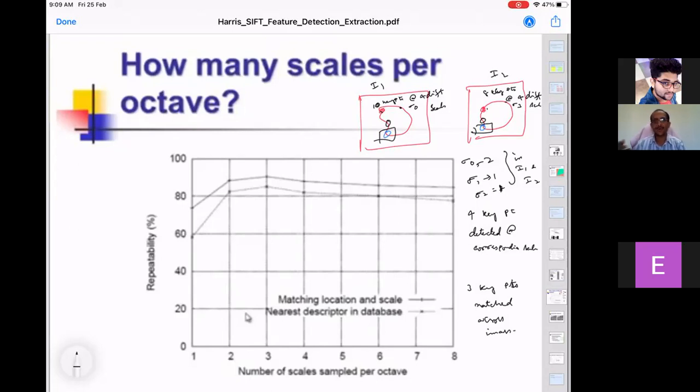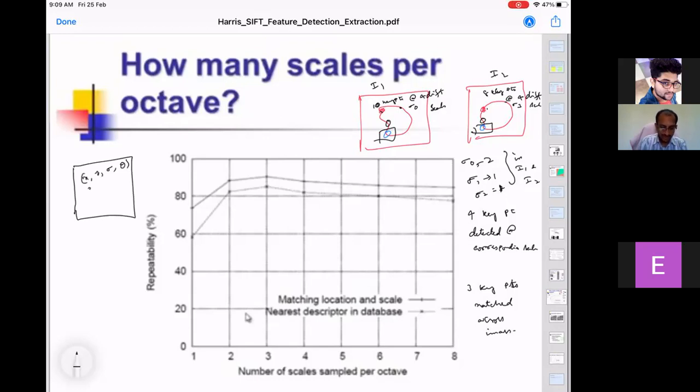When things go towards more and more realistic, there is no hard and fast rule to set some of these things. So what they have done here is this: each key point is now associated with x, y, sigma, and orientation as well.